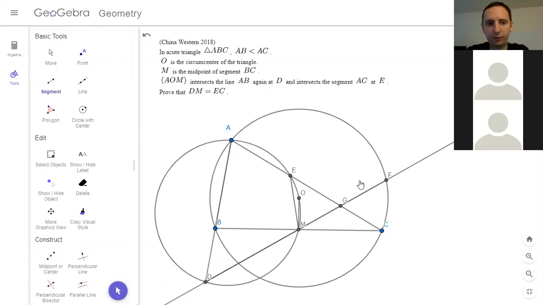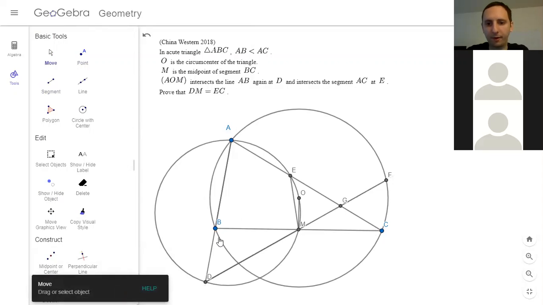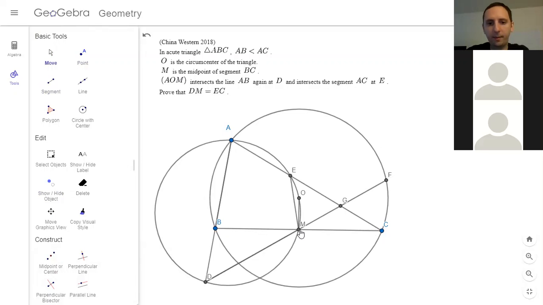I just want to show that DMB is congruent to EMC, right? That can't be that hard. So is ABM equal to EMB?